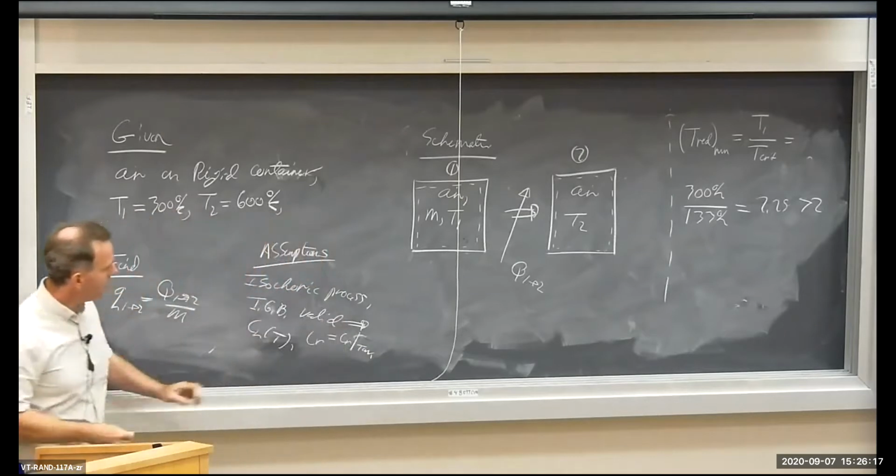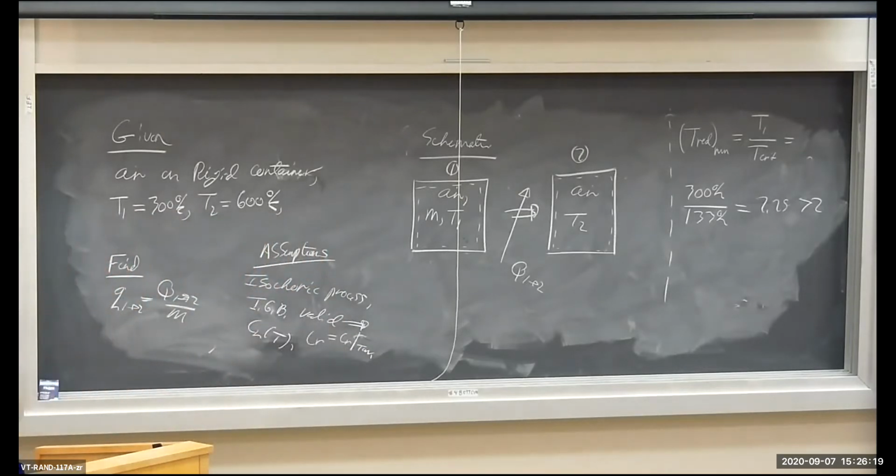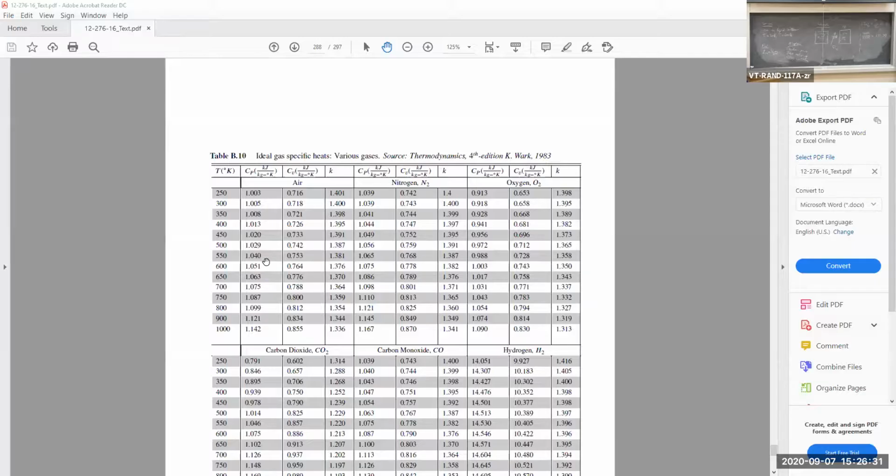So we're making it a constant so we can pull it out of the integral, and evaluating it at the average temperature. Let us get the value. CV for air at 450 Kelvin is 0.733.